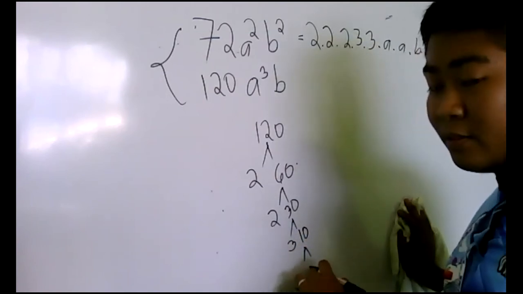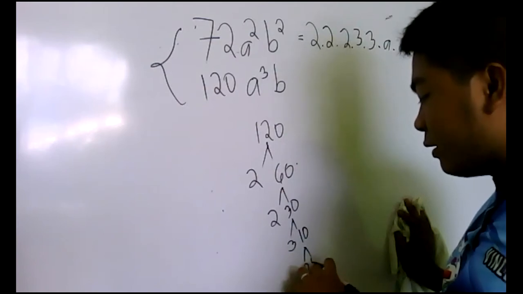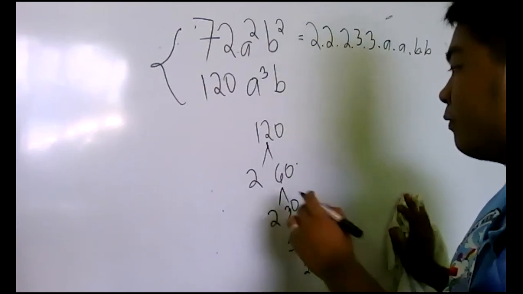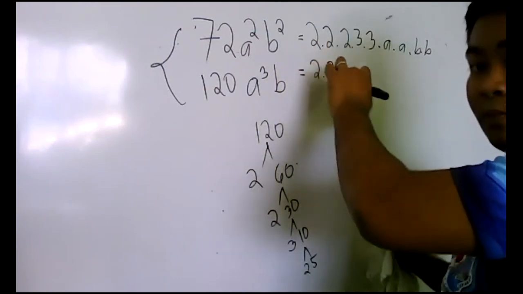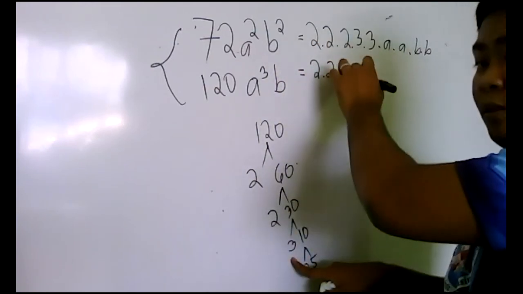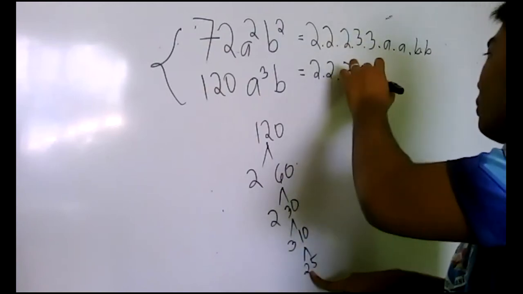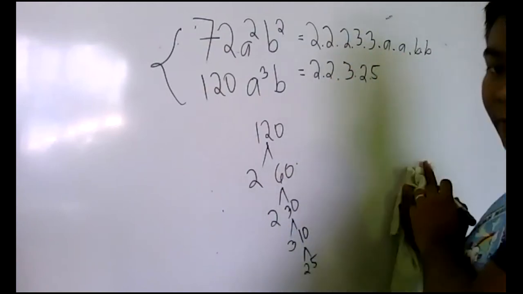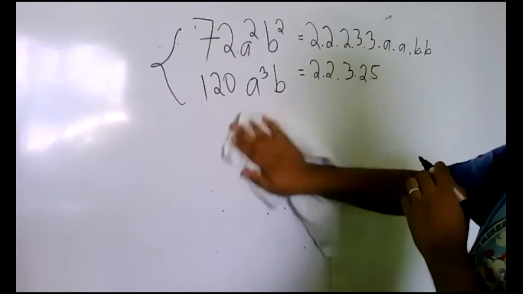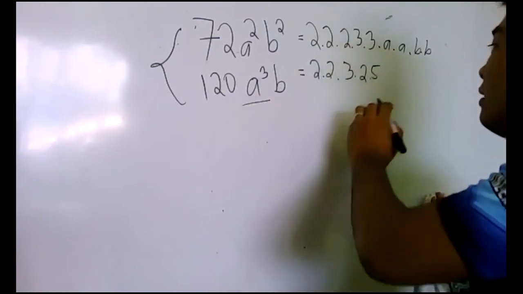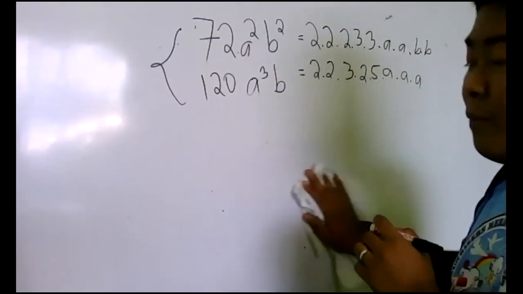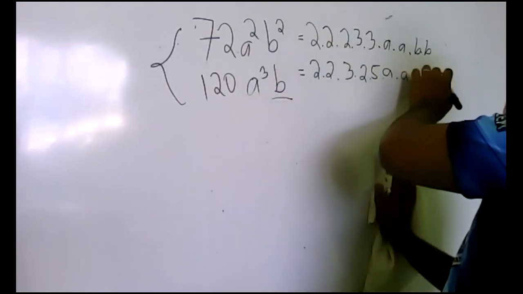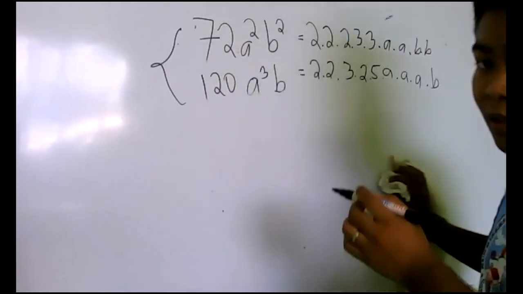And 10 is factorable by 2 and 5. Therefore, let's list down all the factors. We have 2 times 2 times 3 times 2 times 5. Ayan. We have how many A's? 3. 1, 2, 3. How many B? There is only 1.